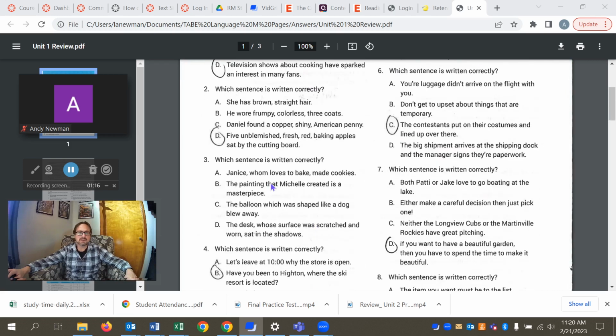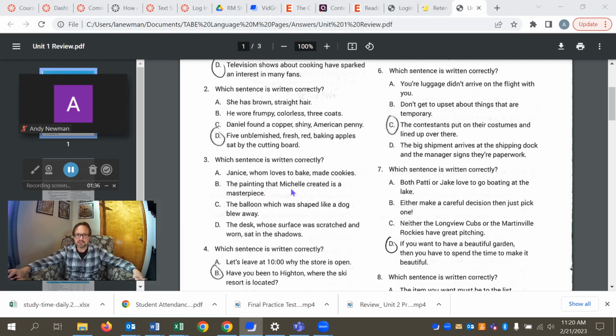Number 3, for some reason I skipped as I was going through here, so we'll do it together. Which sentence is written correctly? It's not going to be A because we have the wrong relative adverb here, or I should say relative pronoun. B is actually our answer.